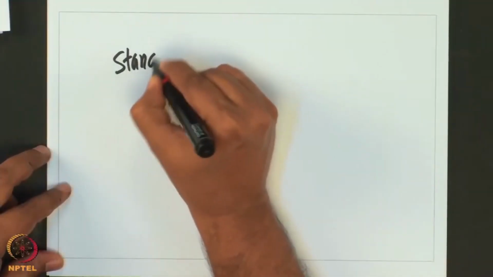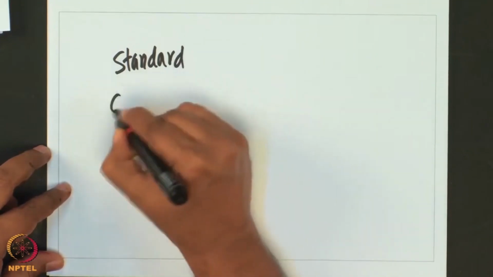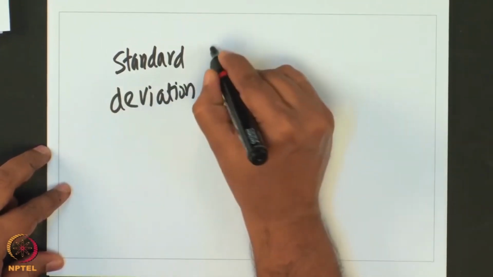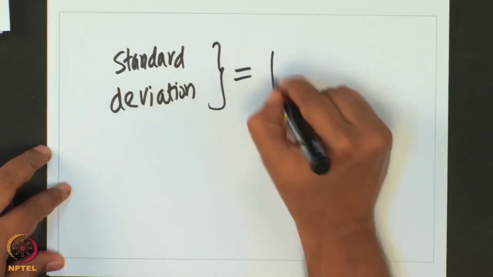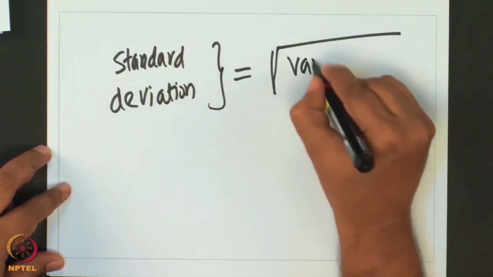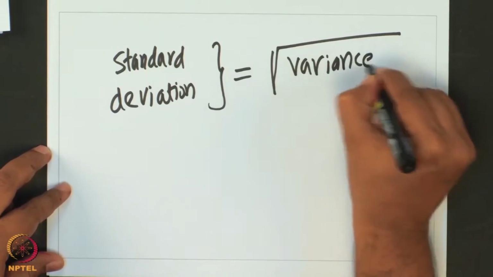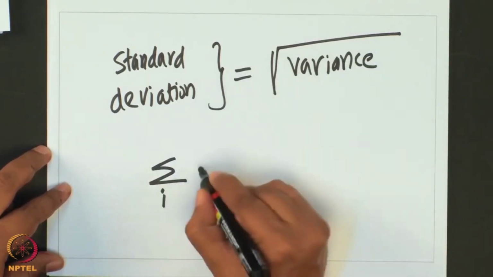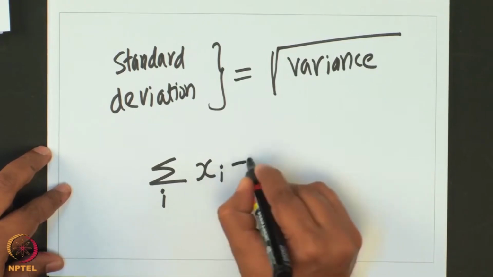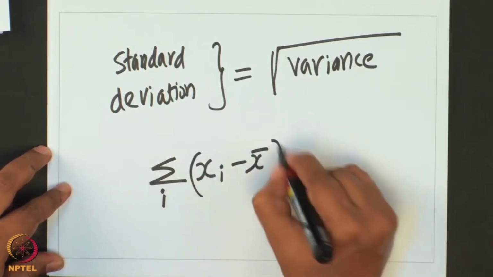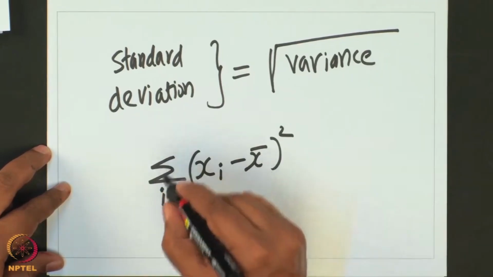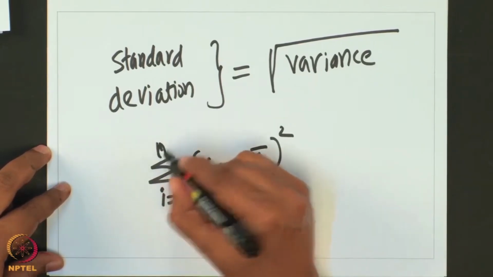Standard deviation is the square root of variance, which is nothing but you take all numbers, subtract the mean, square it and sum from 1 to n.